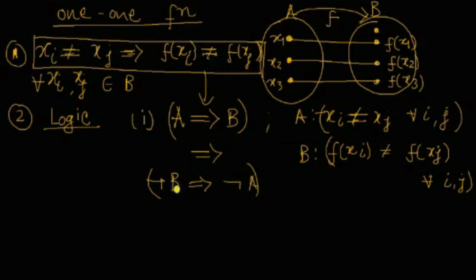If the statement is x1 is equal to x2, the negation is x1 is not equal to x2. If the statement is the color of A here is blue, the negation is the color of A here is not blue. That's the negation.